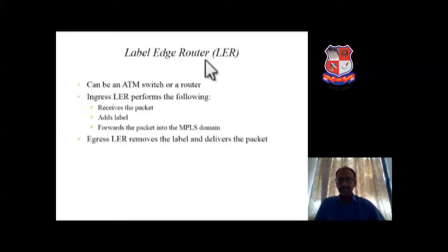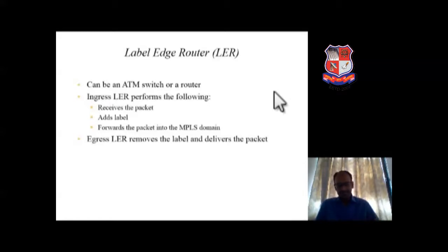So a label edge router can be an ATM switch or any router. Here there are two important words which we will face in label edge router: one is ingress and another one is egress. The ingress LER performs the following steps: it receives the packet, stuffs the label, and forwards the packet into the MPLS domain.